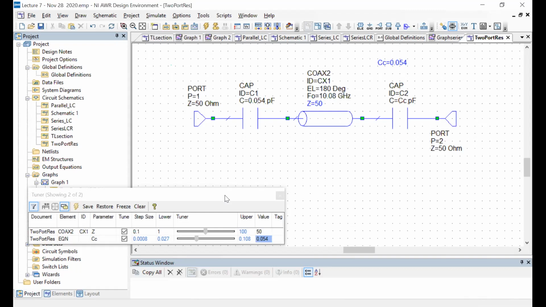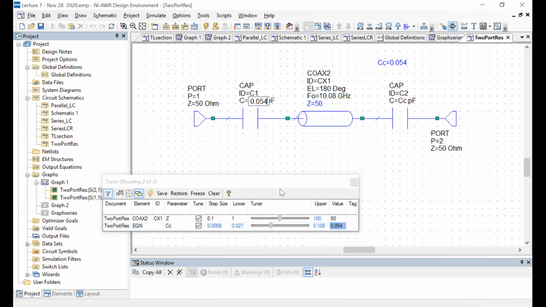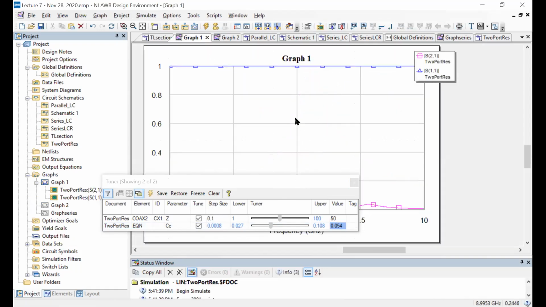But there are situations where we intentionally make one of the capacitors much, much smaller. So for example, if I take this input capacitor, since we're using port 1 as the input, and make it very small, I of course still have a resonance.